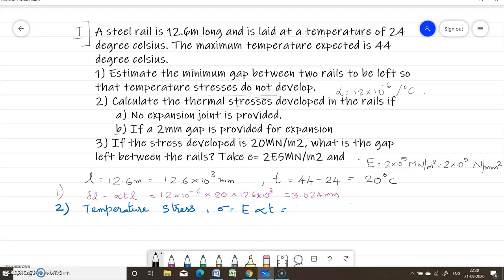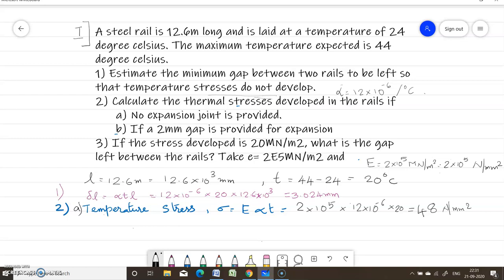So we can write here 2 into 10 raised to 5, alpha is 12 into 10 raised to minus 6 into T is 20 degrees Celsius. So you will get the answer as sigma is equal to 48 Newton per millimeter square. So this is part A of the second question.